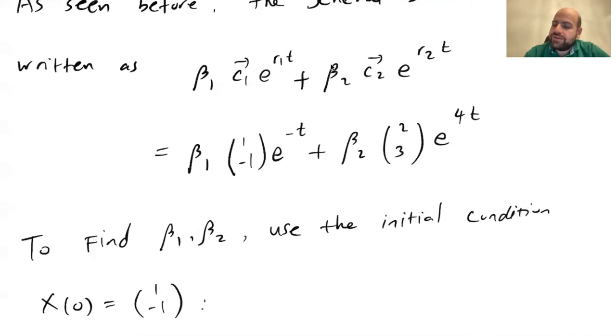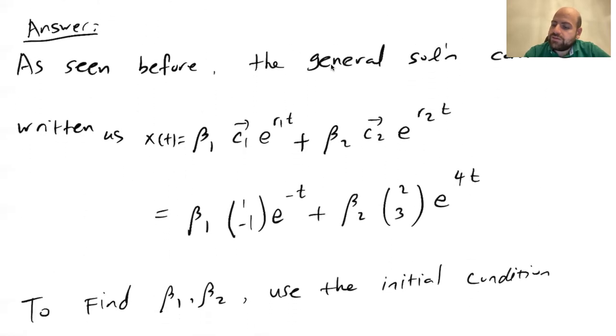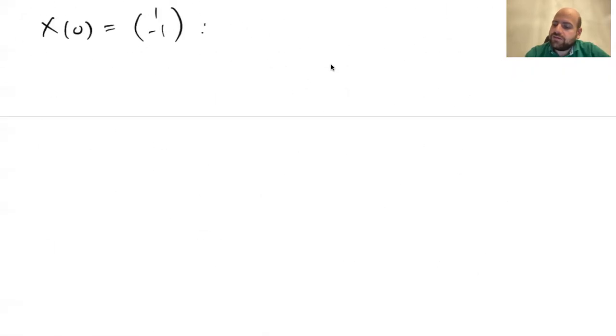This is my x of t, basically, right? So what will be x of 0? X of t is this, so for x of 0, I need to replace t with 0.